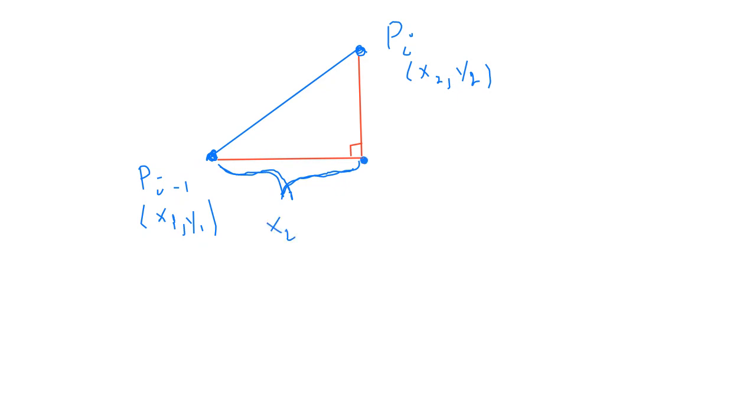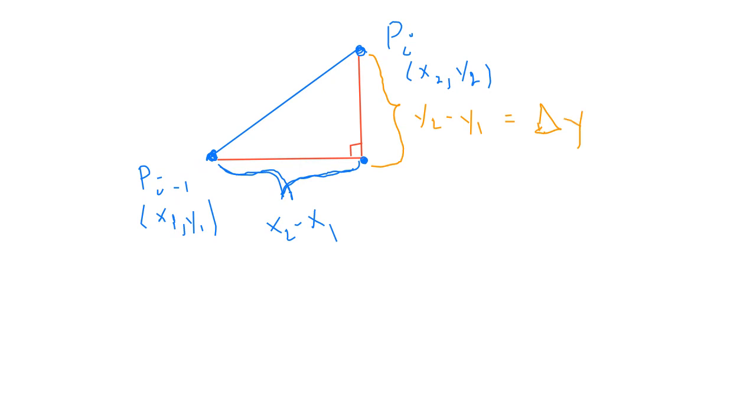I'll tell you what, why don't we do x2 minus x1? Good. Absolutely. What's this distance here? That's the vertical distance. That's right, y2 minus y1.